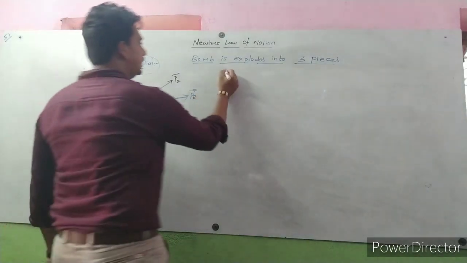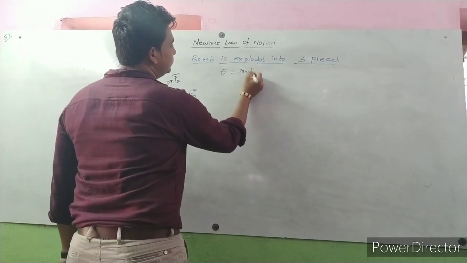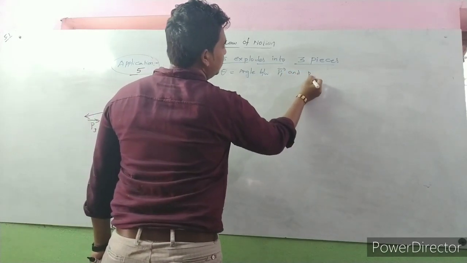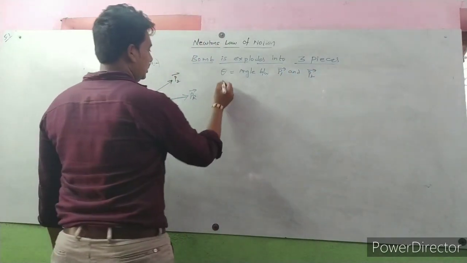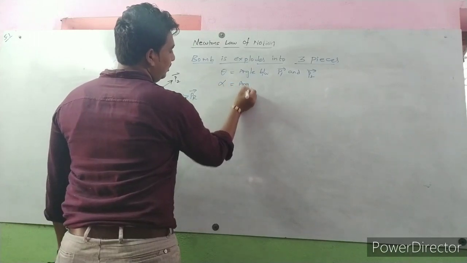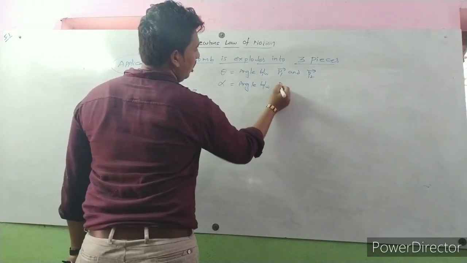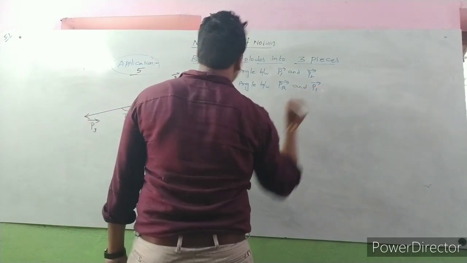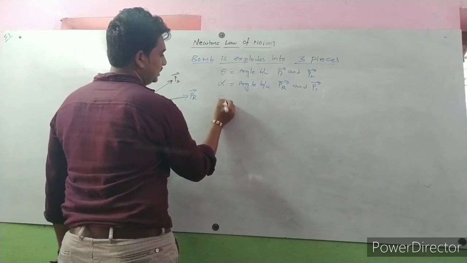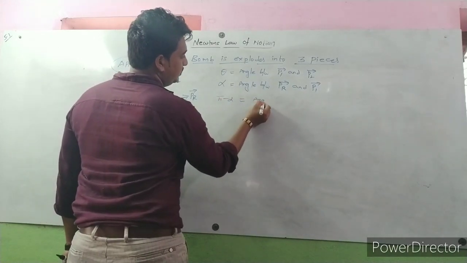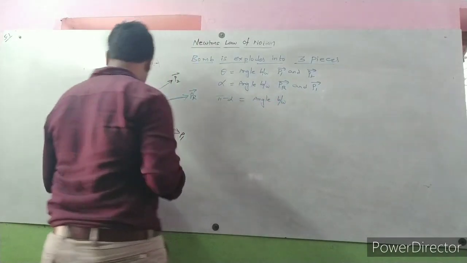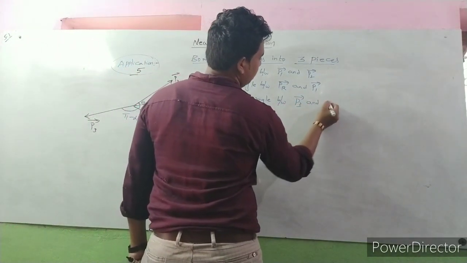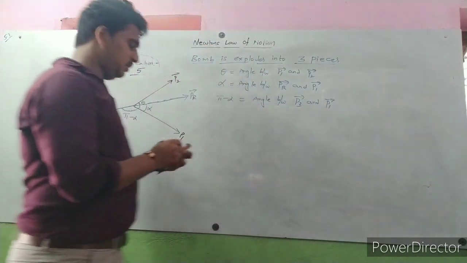Theta is the angle between P1 bar and P2 bar. Alpha is the angle between PR bar and P1 bar. So pi minus alpha is the angle between P3 bar and P1 bar.